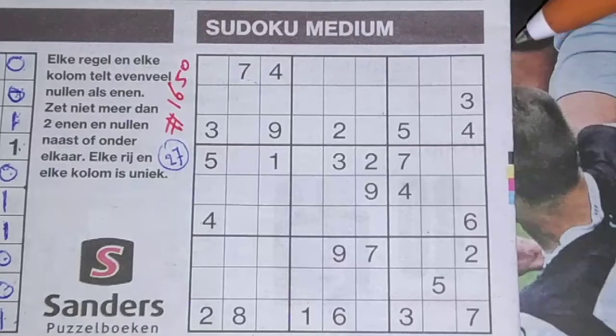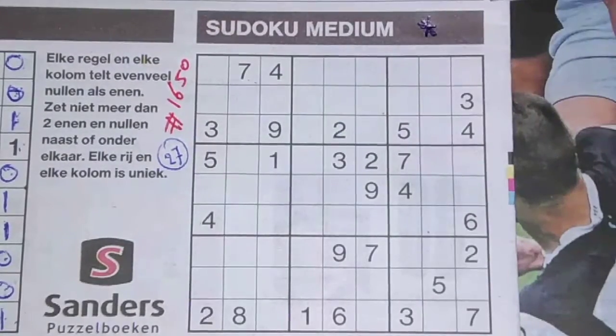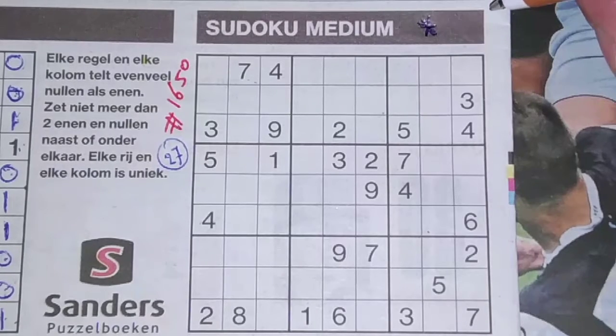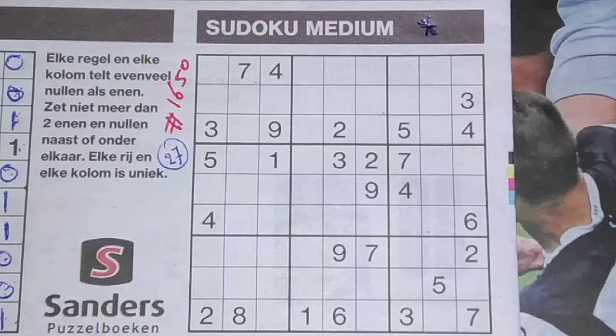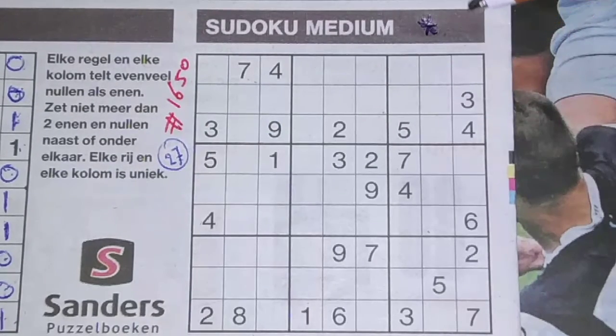So if you compare, it is a 1 star. Within the additional we have 1 star, 2 stars, 3 stars and 4 stars. And the 1 star is 27. The 4 star Sudoku 24. Alright, so let's get started.